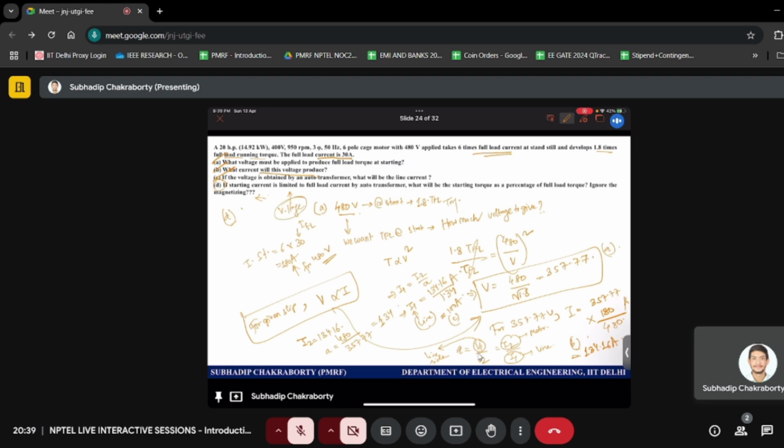So calculate voltage from current, get voltage, and then calculate ratios.